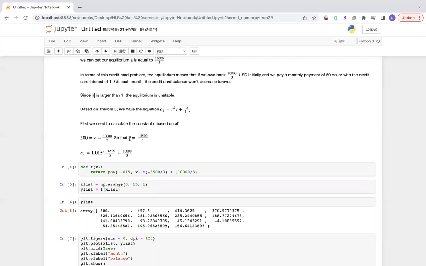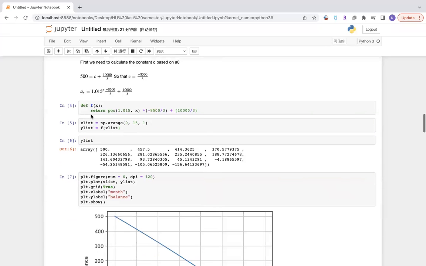So we can get the constant C here, and we can plug the constant in. We get an equation, and then I define a function of this equation, and I plug in x from 0 to 15 months.